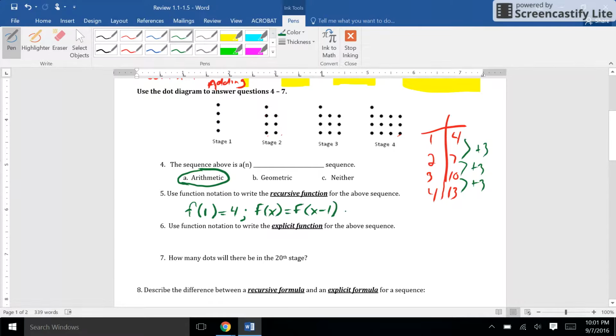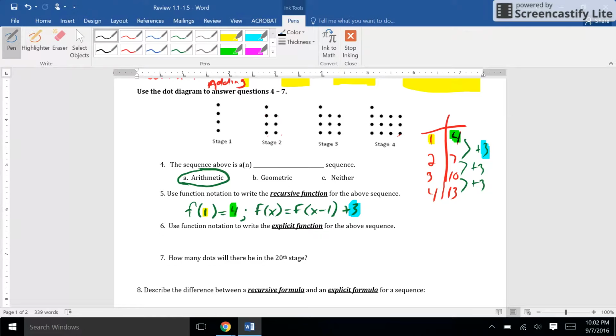And what did I do? That's the previous term. I added 3. So if we want to see where these came from, that 1 came from right there. The 4 came from right there. And the 3 comes from right there.